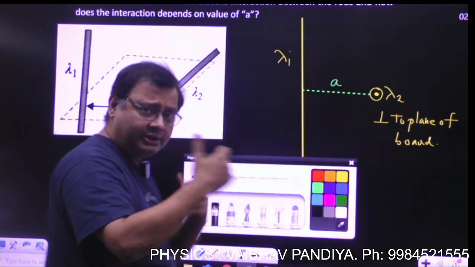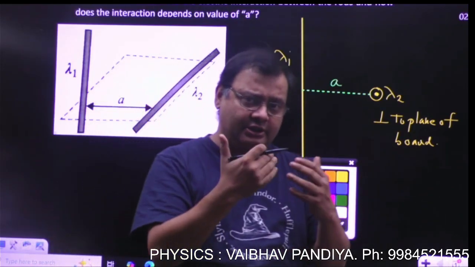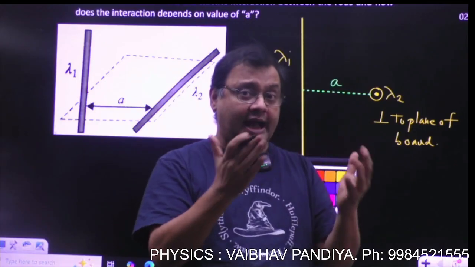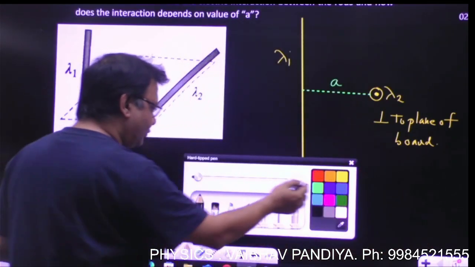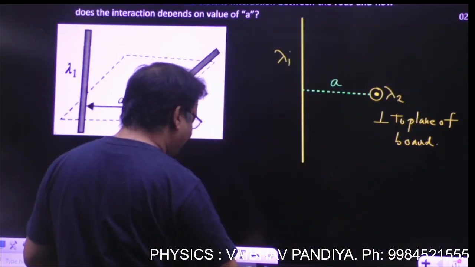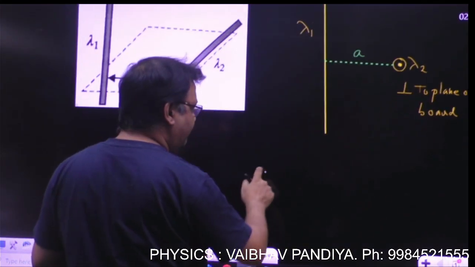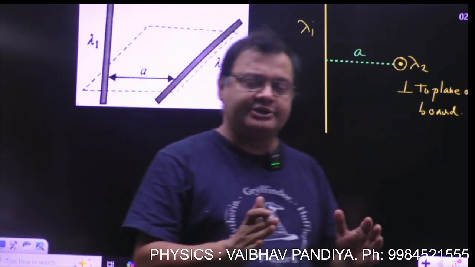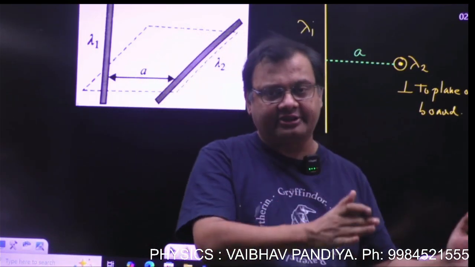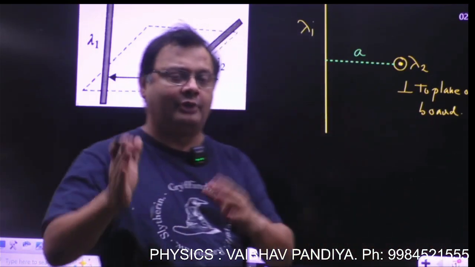Of course, both will exert electrostatic force on each other, and the pair will form an action-reaction pair of Newton's third law, correct? So you can find the force on any one. The magnitude of force will be the same. Force exerted by rod 1 on rod 2 will be equal in magnitude and opposite in direction to the force exerted by rod 2 on rod 1.